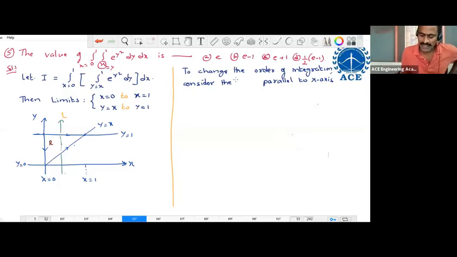That is why we are changing the line from parallel to y to parallel to the x-axis so that we can get new limits. Again, we draw the diagram, and we consider the line parallel to the x-axis.